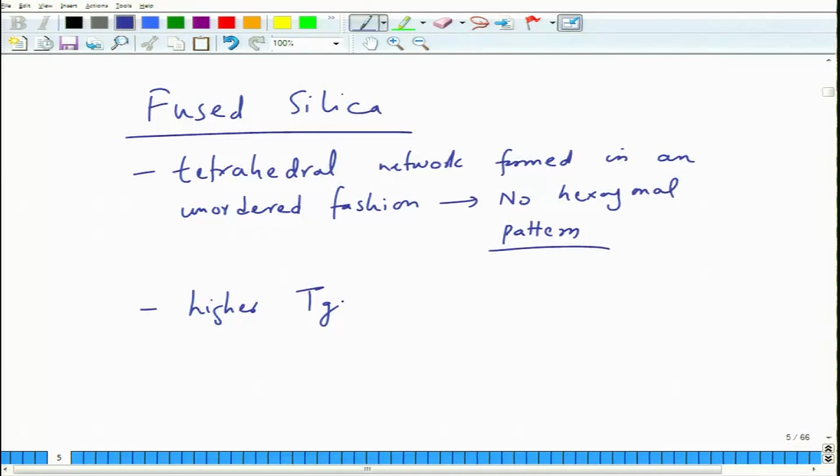So they soften at higher temperatures. Its softening temperature is about 1600 degrees centigrade. To be precise, 1665 is the softening temperature, Ts.